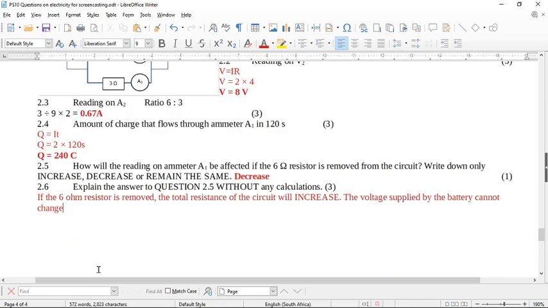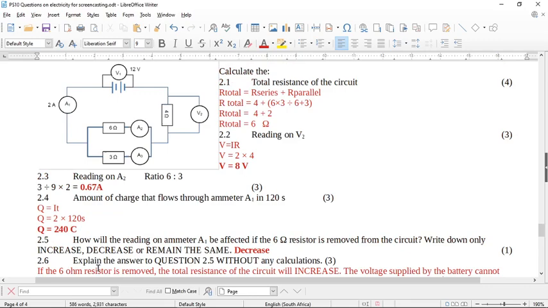Then we say current is inversely proportional to resistance, because we remember this. So when the resistance increases, the current decreases. And there you have it, the answer to the question.